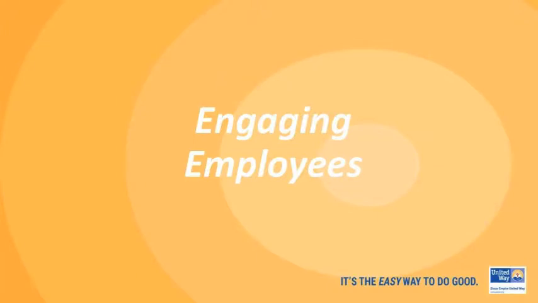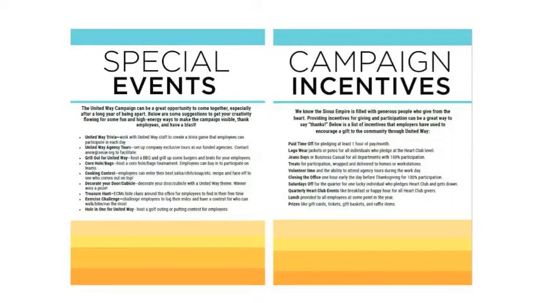I mentioned that a great part of the United Way campaign is being able to have fun and engage your employees and bring them together. So a few different ways to engage employees include special events and campaign incentives. There is a list of both of these included in your campaign packet. And these special events are a great way to just drive some fun around your campaign.